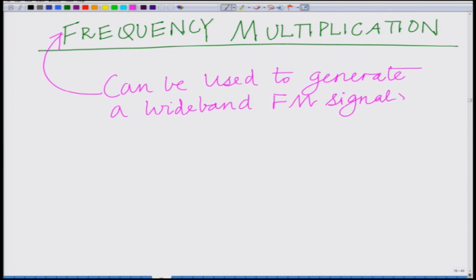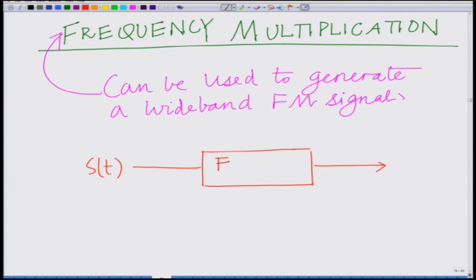So, what do we mean by this? We pass our narrow band FM signal through a frequency multiplier. Let us say this is a frequency multiplier.